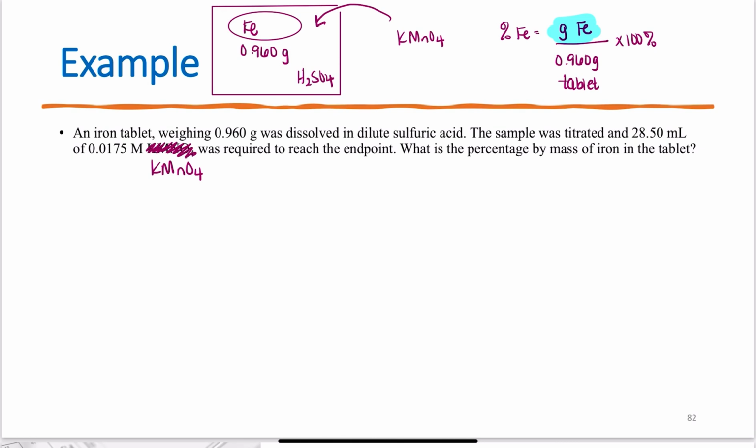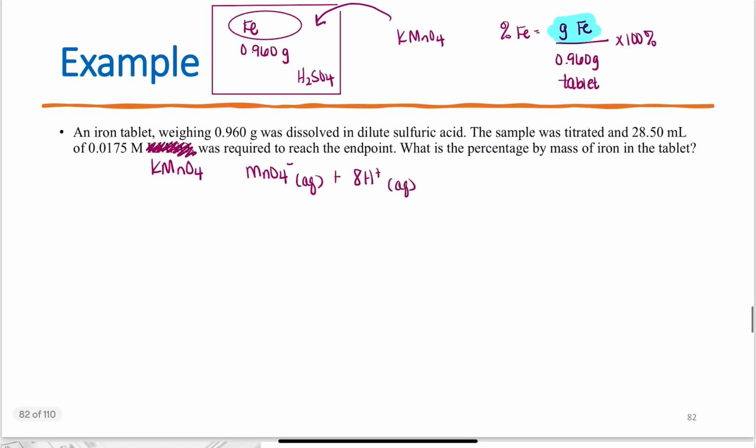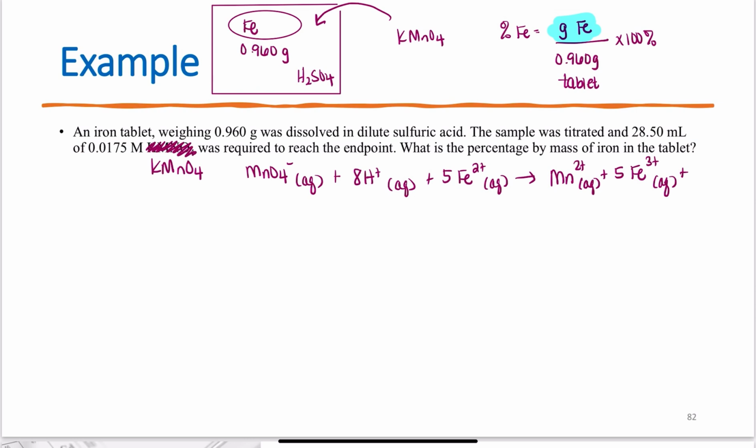The equation I'm going to give you is MnO4 minus, permanganate, reacts with 8 moles of H plus and 5 moles of iron 2 plus, giving me Mn2 plus, 5 moles of Fe3 plus, and 4 moles of water.